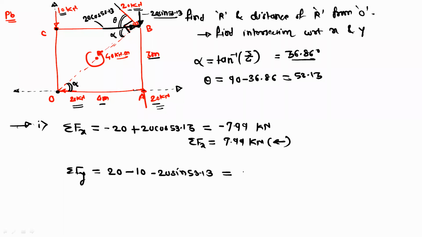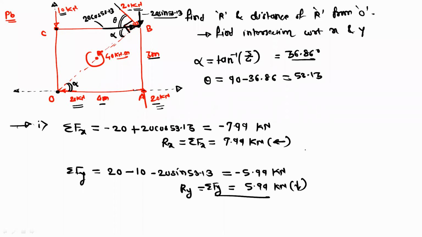So it is minus 5.99 kilonewton, which is 5.99 kilonewton in the negative y direction. This is the summation Fy. Basically summation Fx is the x component of the resultant, and summation Fy is the y component of the resultant.